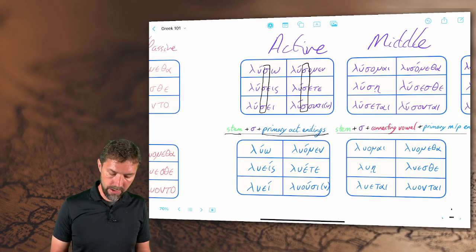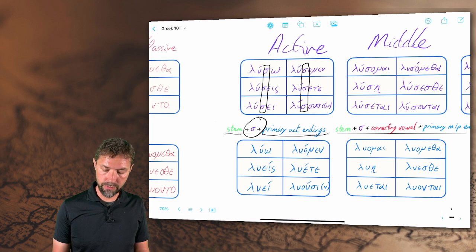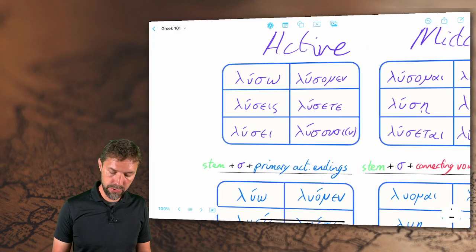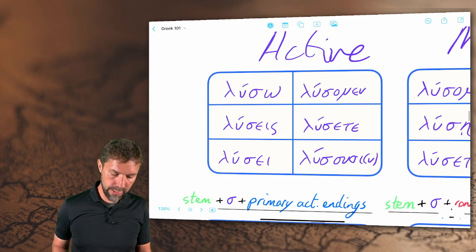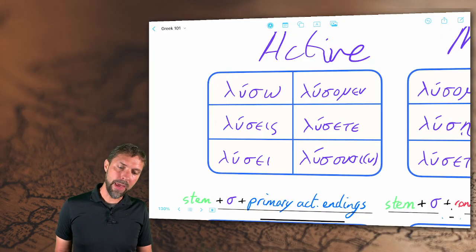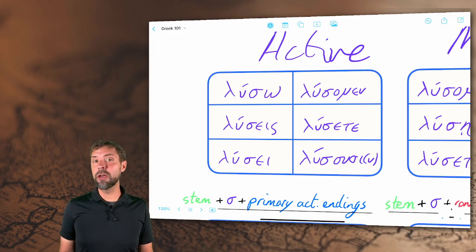In order to form the future, you just need to put in a sigma right in between the two. And so as we proceed down, o, eis, ei, omen, ete, ousi turns into luso, luseis, lusei, lusomen, lusete, lusousi. As I said, you essentially already know this paradigm. You just need to add in the sigma.